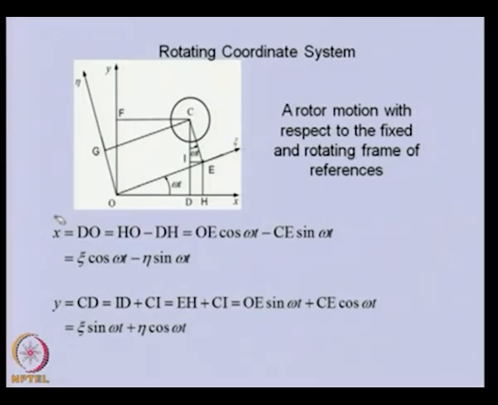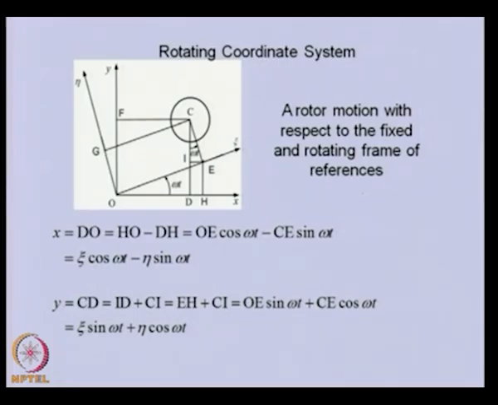Here we can see this is the center of the shaft, and OD is the x distance, OF is the y distance, and similarly OE is the xi distance, and OG is the eta distance. We need to relate these two coordinates.